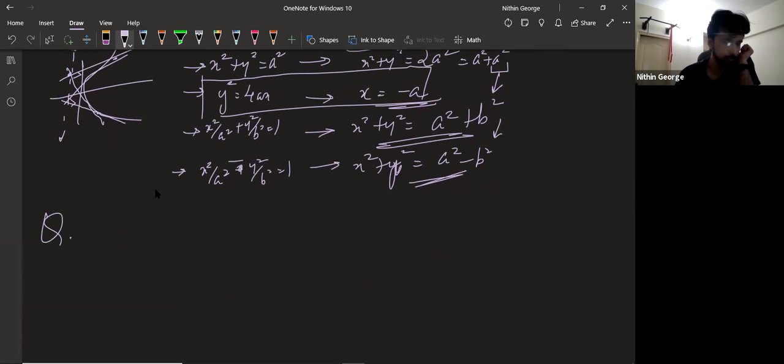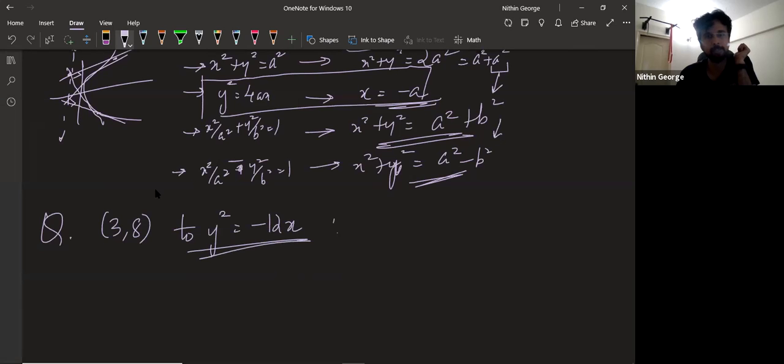Do this question. Find the slope of tangents from 3, 8 to y square equal to minus 12x.